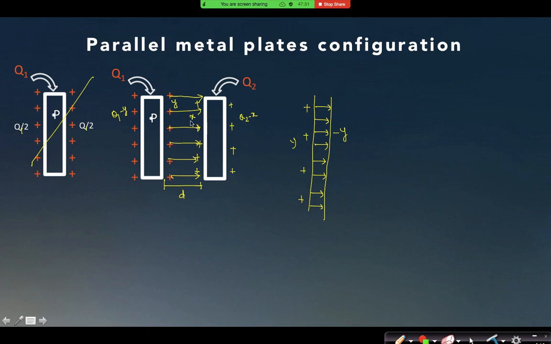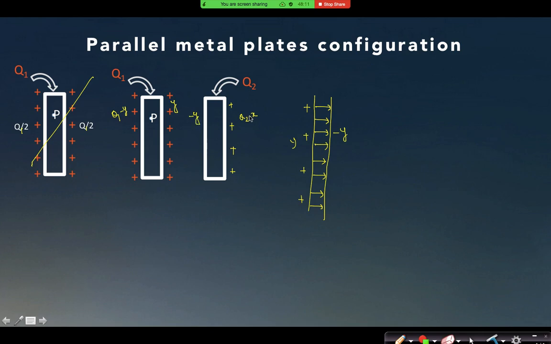Yes, sir. So that is one understanding, that whenever we have a parallel plate configuration, if this plate carries plus y charge, then this plate will carry minus y charge.